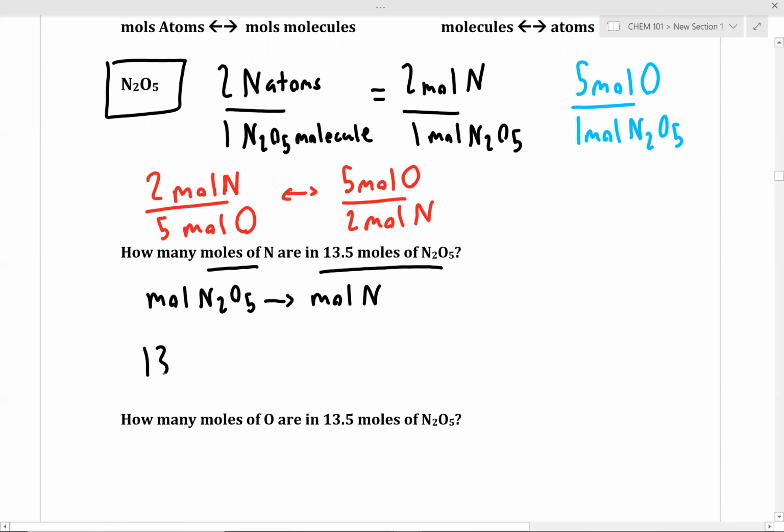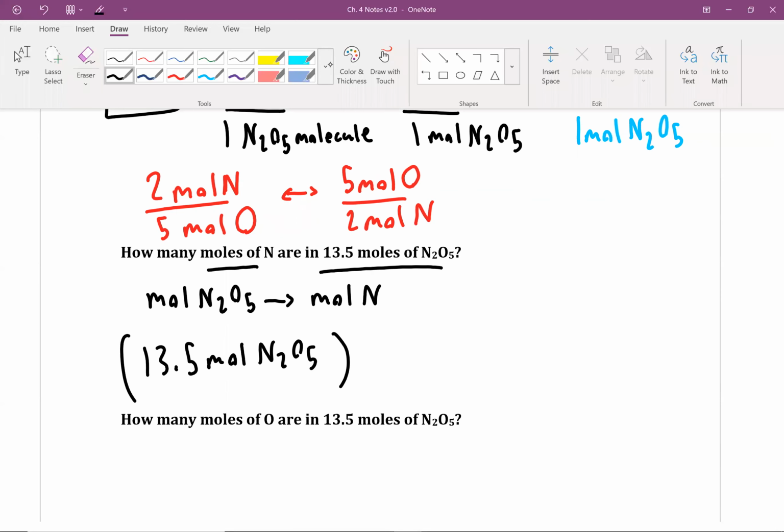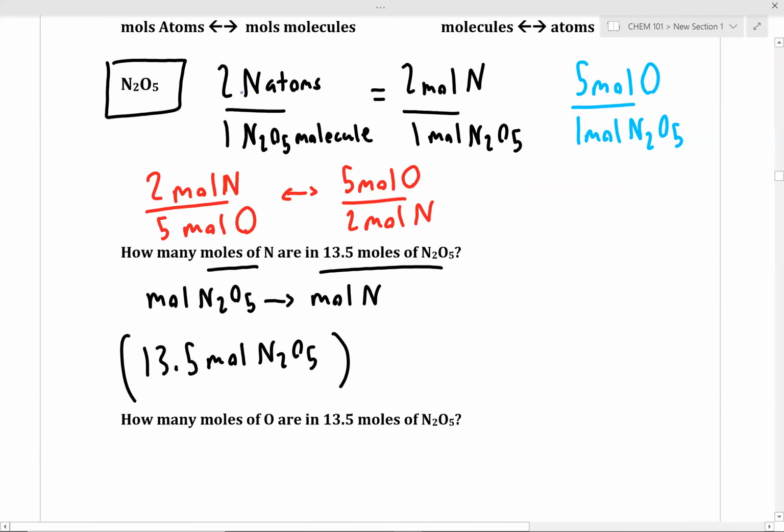So given that I have 13.5 moles of N2O5, my question to all of you is, if we're going from moles of N2O5 to moles of nitrogen, what goes on top? Moles of nitrogen, exactly.